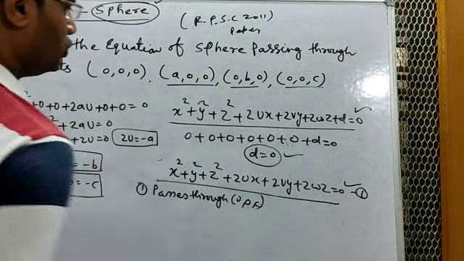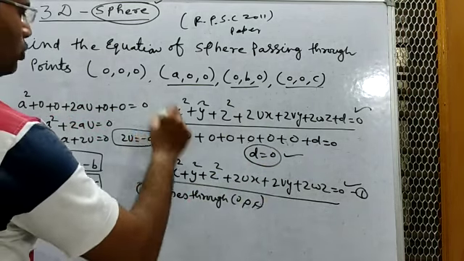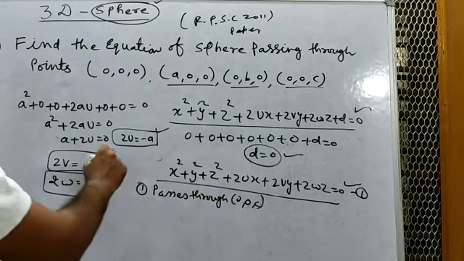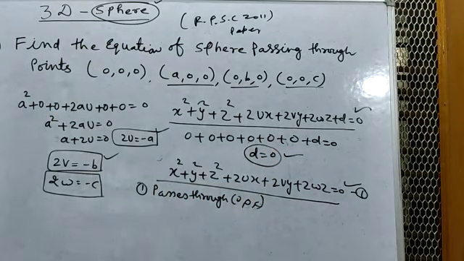First one is d equal to 0, second one 2u equal to minus A, third one 2v equal to minus B, and fourth one 2w equal to minus C.